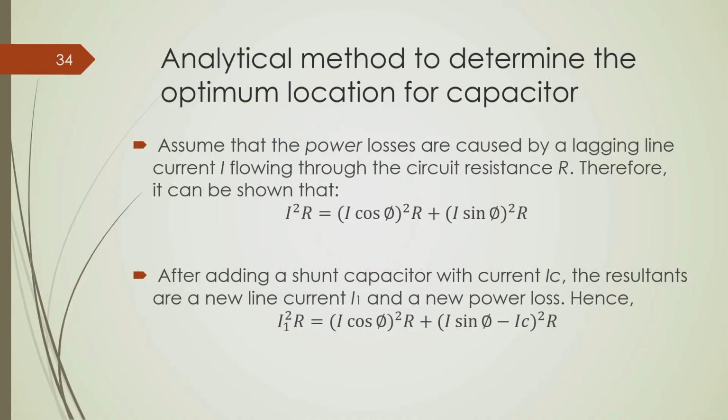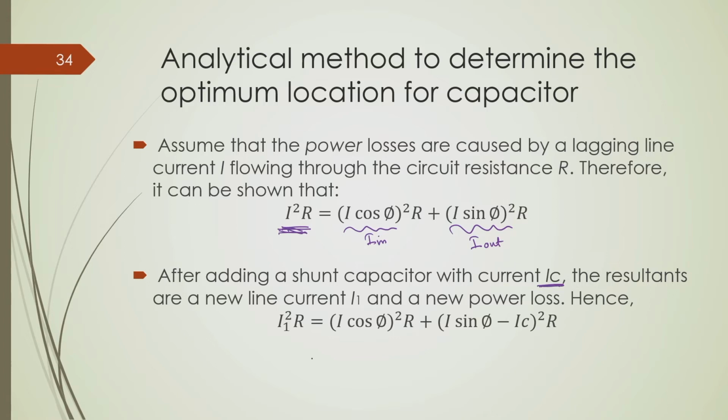Now, here you can understand why we are taking only the quadrature component of the current, because I can represent the line losses as I square R losses. So, I can be resolved into two components: this is the in phase component I_n, and this is the quadrature component I_out. Similarly, we add a capacitor which draws a current I_c.